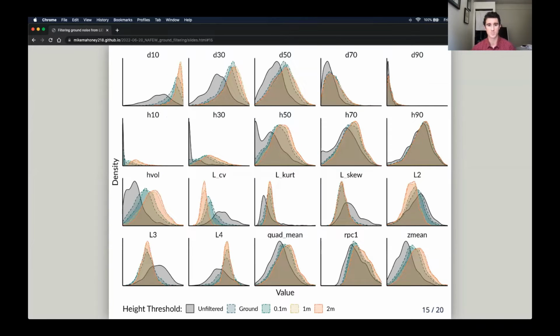And perhaps not surprisingly, we found that truncating our data by getting rid of these lowest sets of points was highly impactful to our variable distributions. What I'm showing here is a selection of variables, predictors, that we included in our models. As you can see, there's quite a bit of movement between our unfiltered control data set in the gray and the various filtering threshold data sets with different colors.